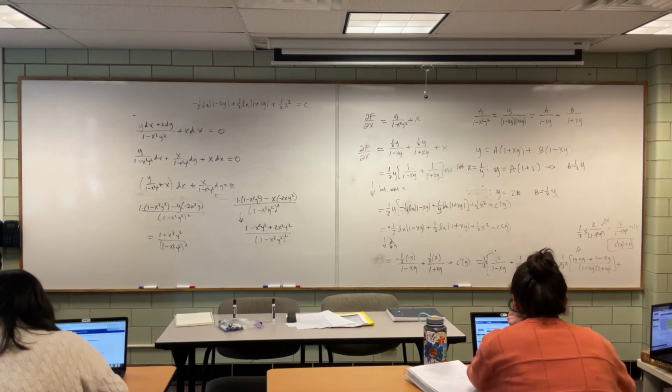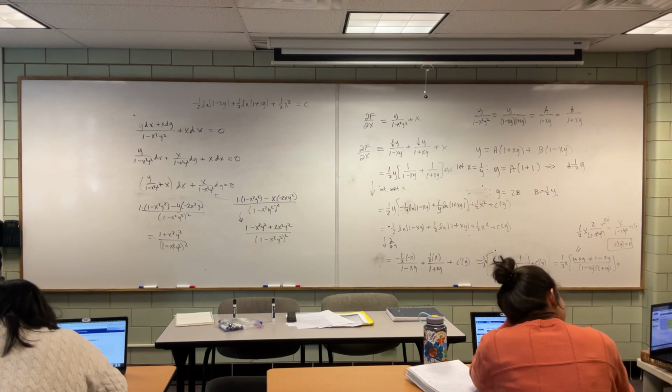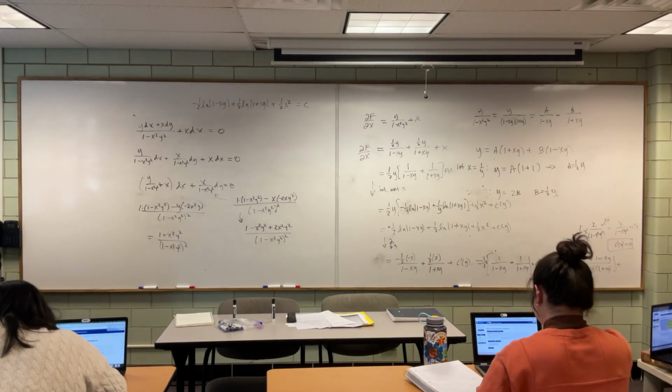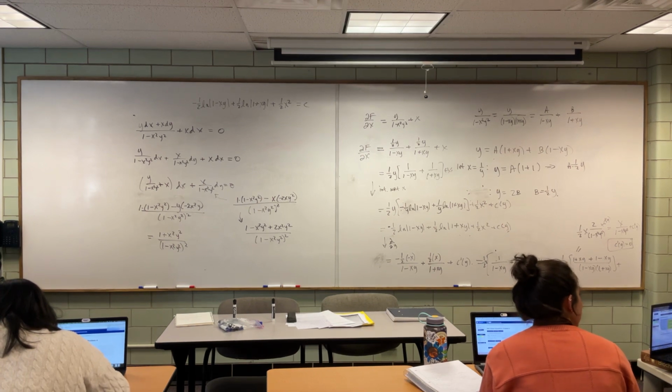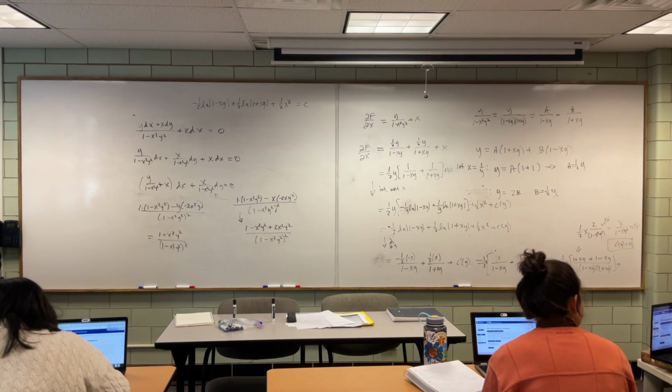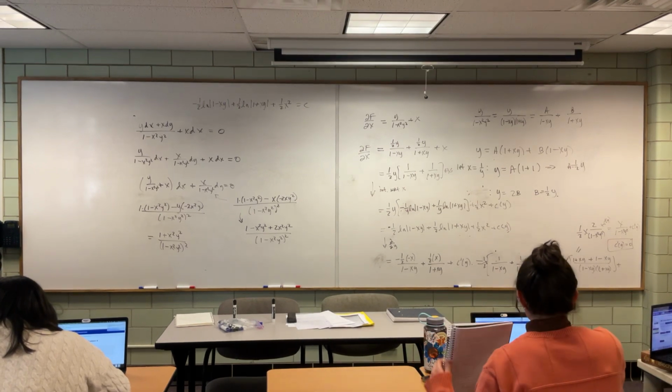You have C prime, but you don't have C. Where's your first stab at F? Is this it here? Oh, okay, got it. So integrate that, and that'll be C.